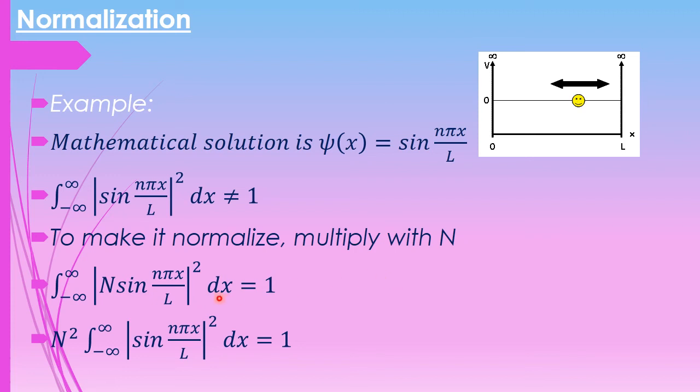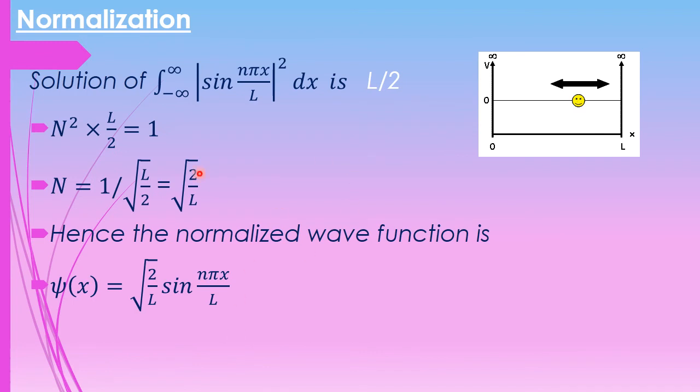To know that solution, we multiply N with psi of x. Then the integral from minus infinity to plus infinity of modulus N sin(n pi x by L) squared dx is equal to 1. If I take N squared outside, I get N squared times the integral of modulus sin(n pi x by L) the whole squared dx, and the solution of that integral is L by 2.